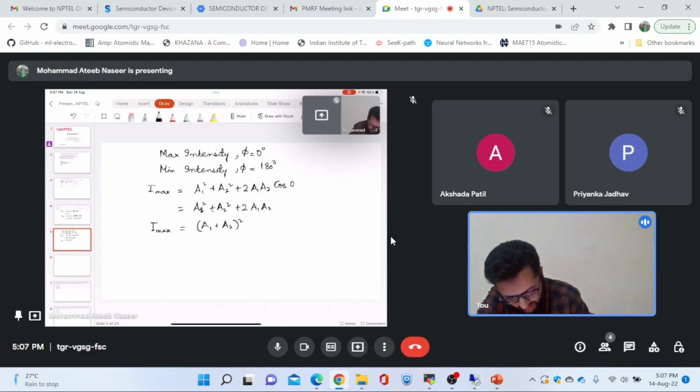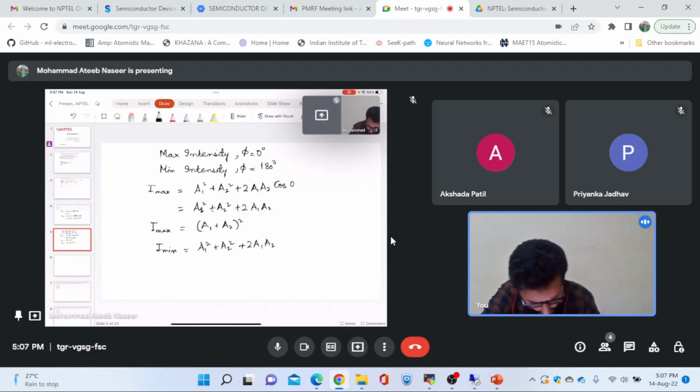Now for the minimum intensity, we can write I minimum equal to A1 squared plus A2 squared plus 2 times A1 A2 cos of 180 degrees, and this will simply be equal to A1 squared plus A2 squared plus 2 times A1 A2 into minus 1.